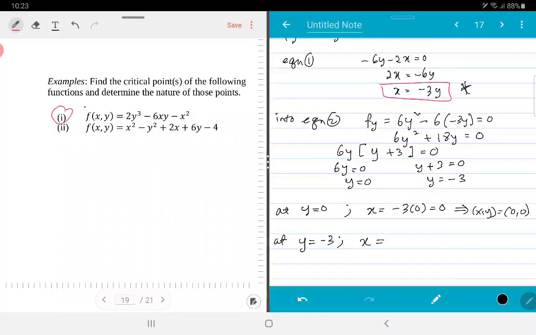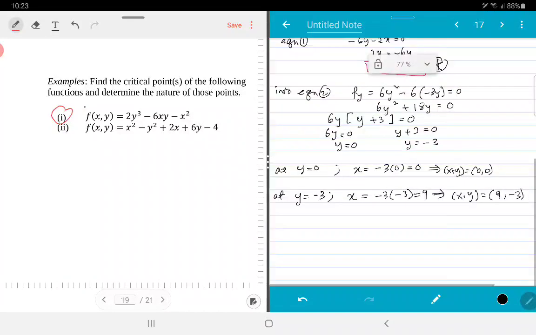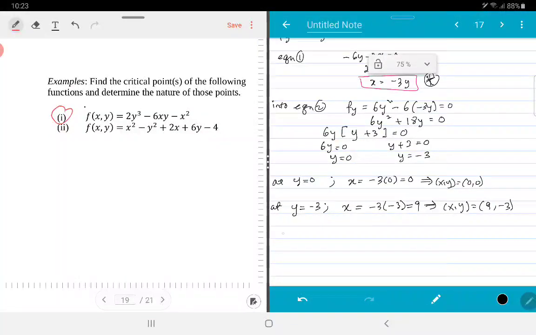We replace y with negative 3: negative 3 times negative 3 gives us 9. So another critical point is x is 9, y is negative 3. So we have two critical points: (0, 0) and (9, negative 3).